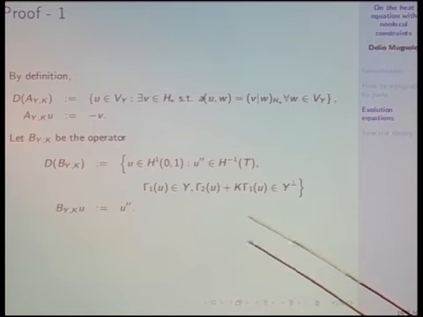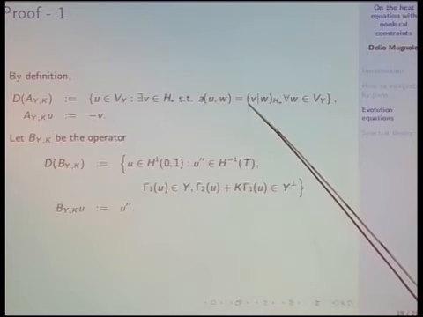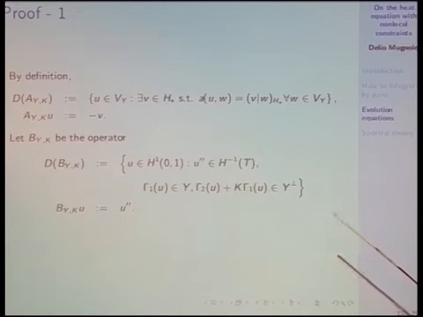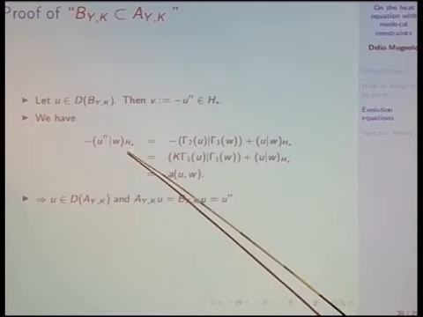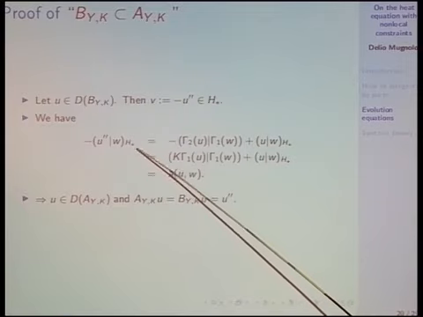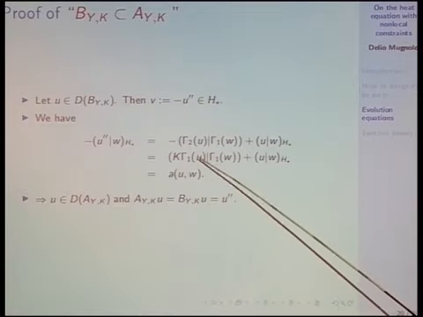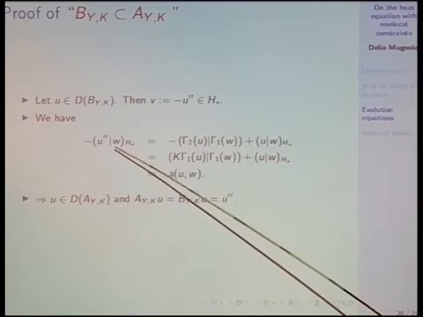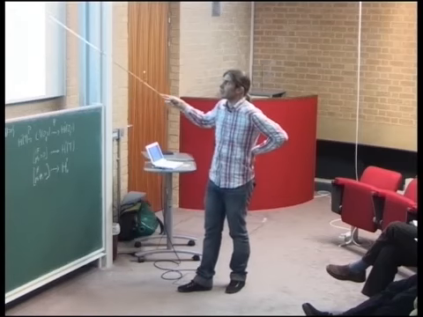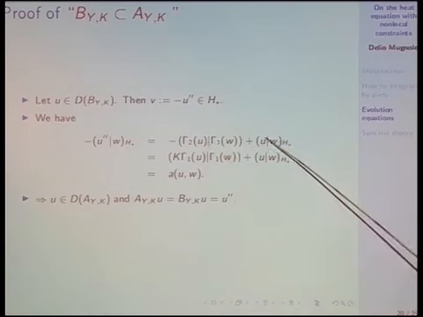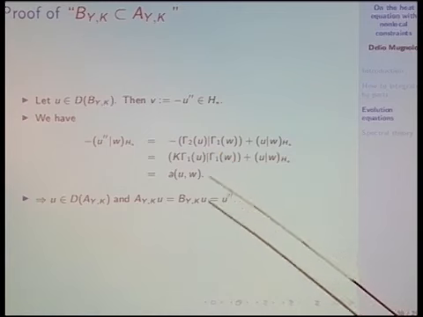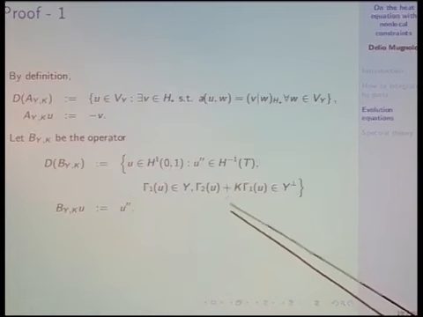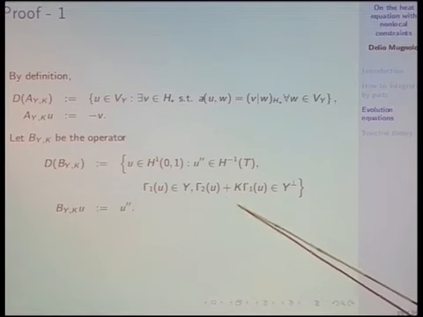So you first show that this operator is included in this one, and you do this just by integration by parts, applying this modified integration by parts formula I was showing before. This is just the integration by parts formula I wrote down before, and then you apply the boundary condition, or this algebraic condition actually.